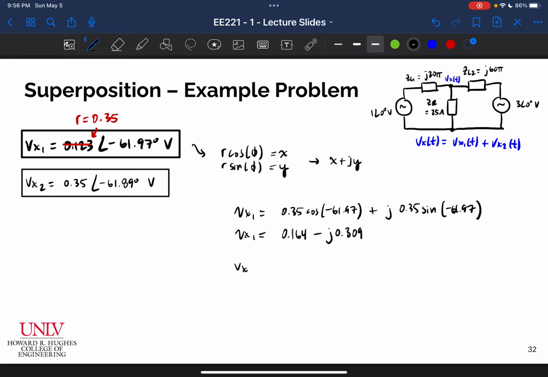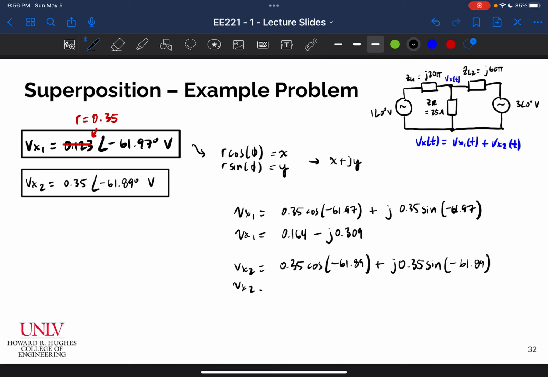For Vx2, it's very similar. We're going to do 0.35 times the cosine of negative 61.89 plus j times 0.35 sine of negative 61.89. Correct my 0 here. Let's go ahead and do that math.